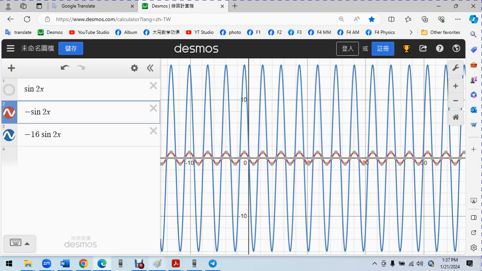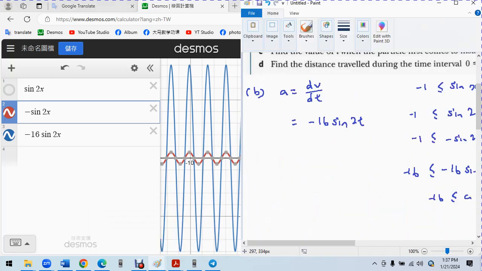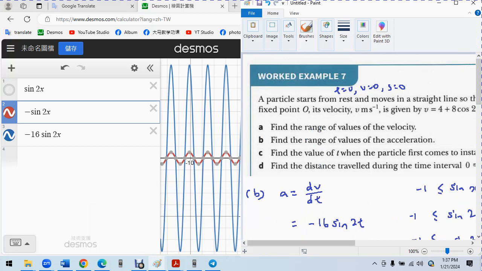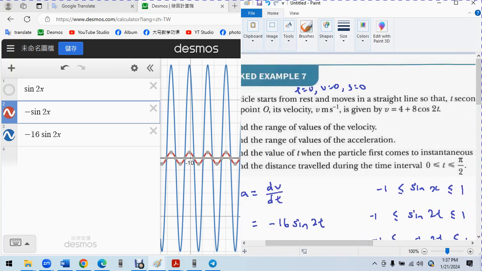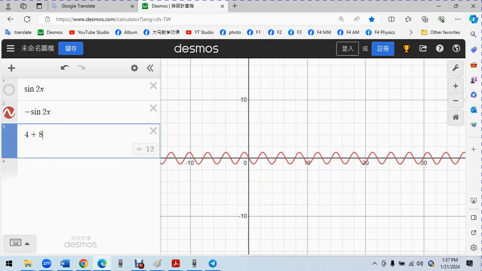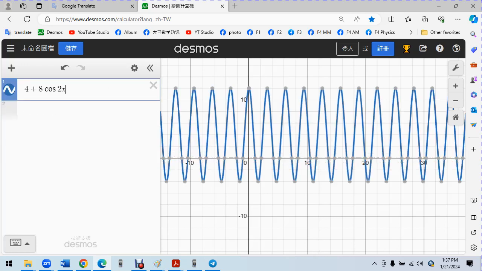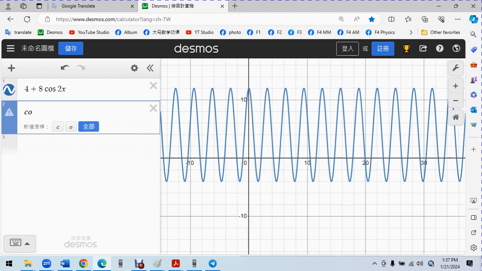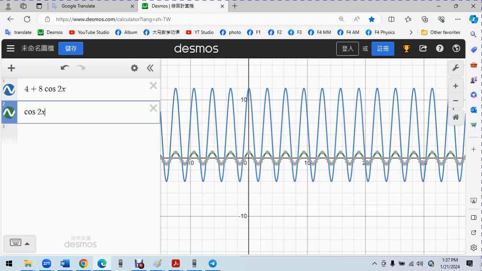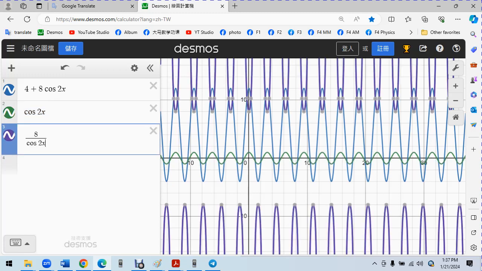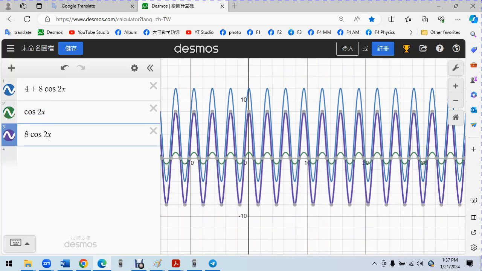And for this one, v is 4 plus 8 cos 2x. First we have cos 2x, then after that we have 8 cos 2x.